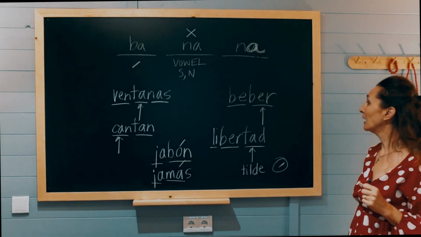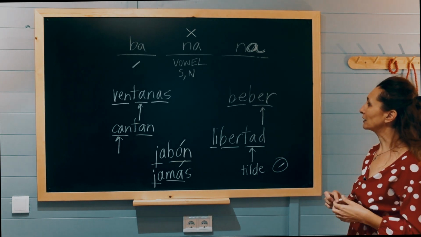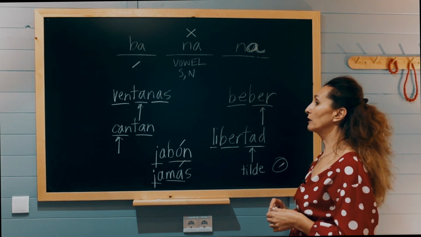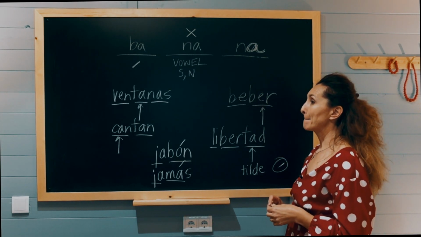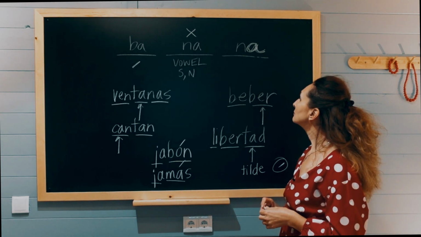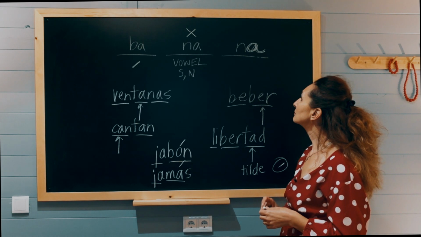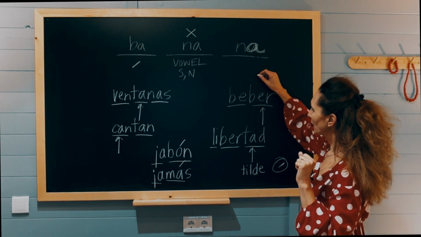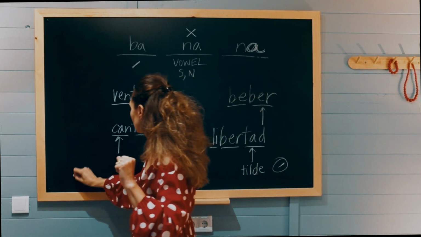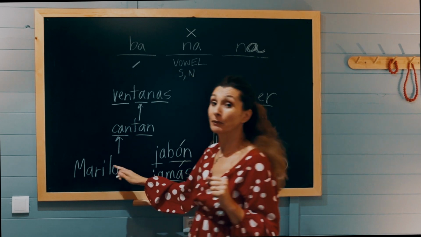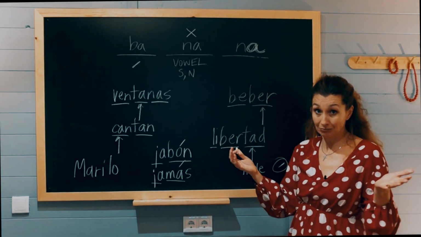No? Jamás. And, oh God, let's see if I can think of a word that ends with a vowel. I don't know, a woman's name is Marilo. Again, it should be Marilo, no?